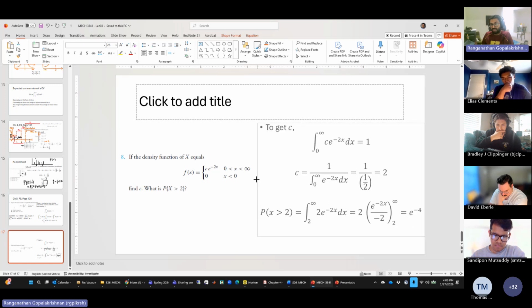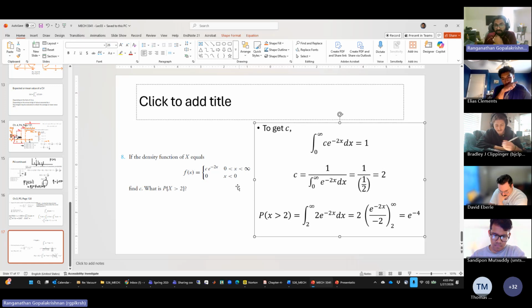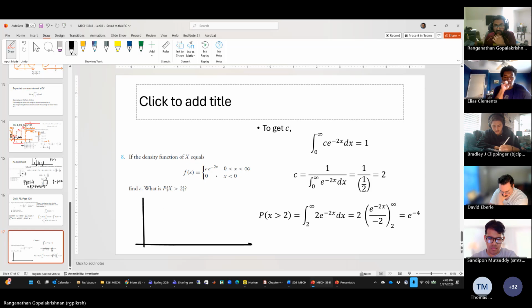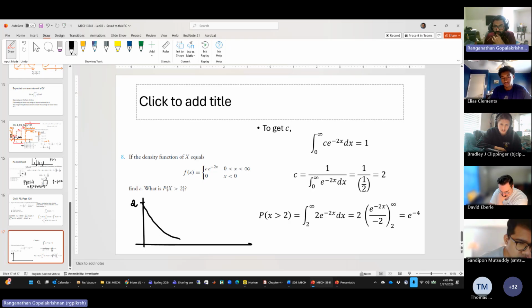The answer is okay. What does it tell you? If you just think about this function here, how will it look? Or if you try graphing this function, it starts at 0. If you put 0 here and the value of C is 2, you're going to start with 2. From 2, it just rapidly decays and goes to 0.